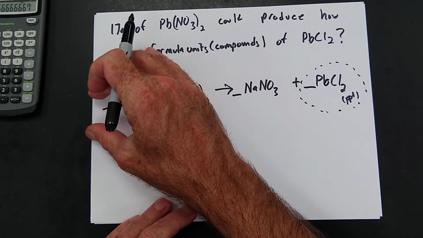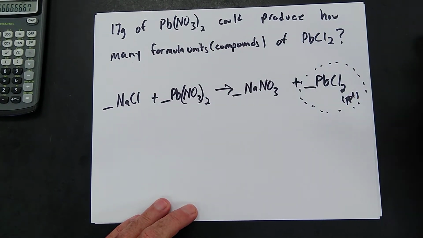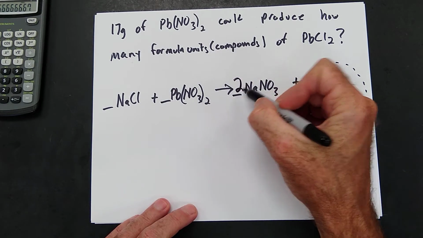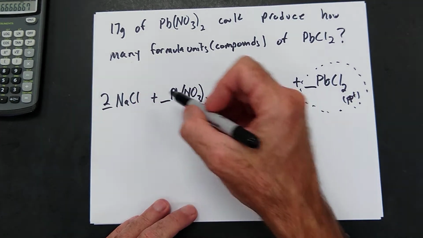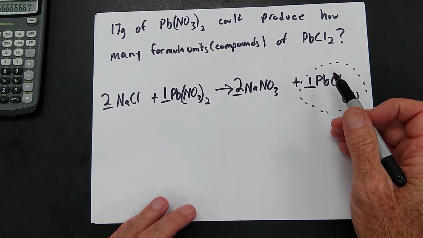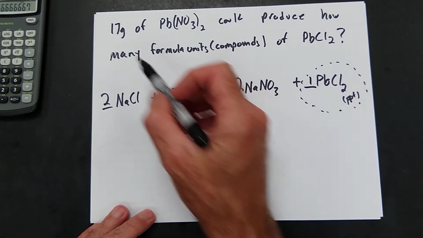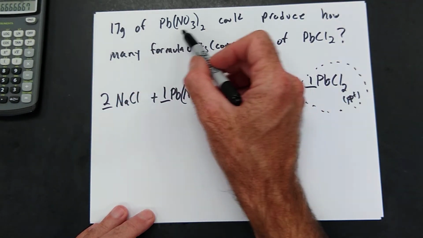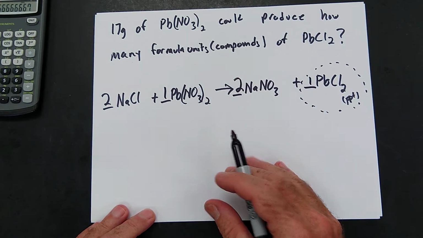What is the first thing we have to do to this equation? That's right, balance it. We need a 2 there, that gives a 2 there, and a 1, and a 1. 2, 1, 2, 1.